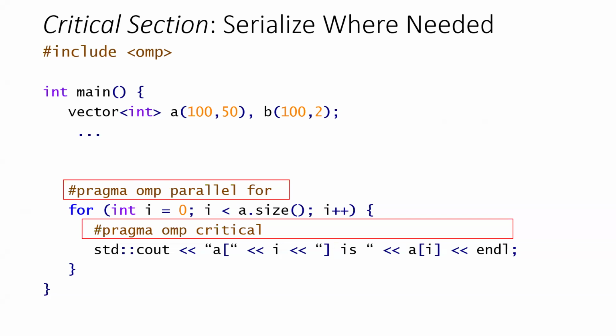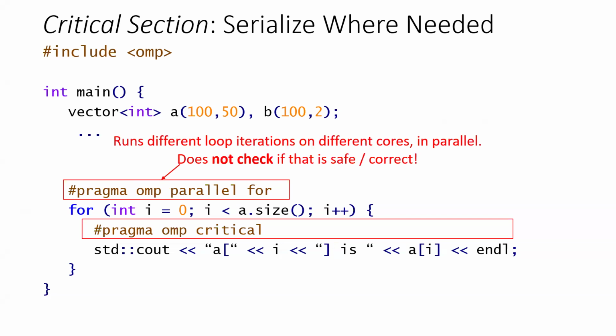Serialize where needed. OMP parallel for runs different loop iterations on different cores in parallel, and this does not check if any of the state is safe or correct to execute. So it will just randomly give you whatever it gets.